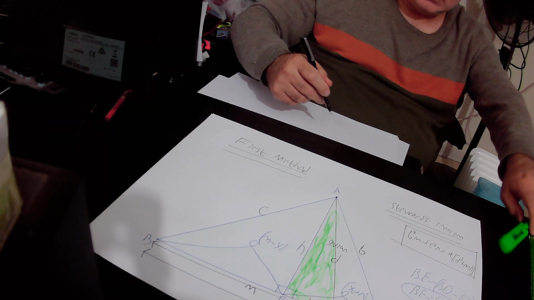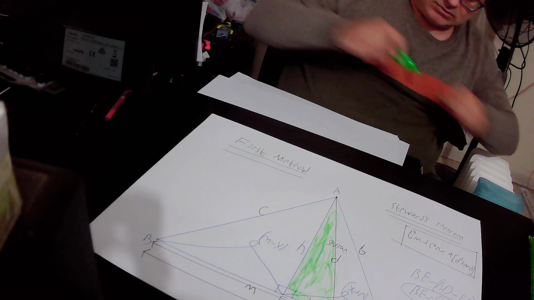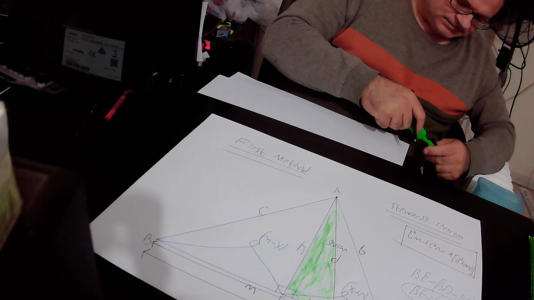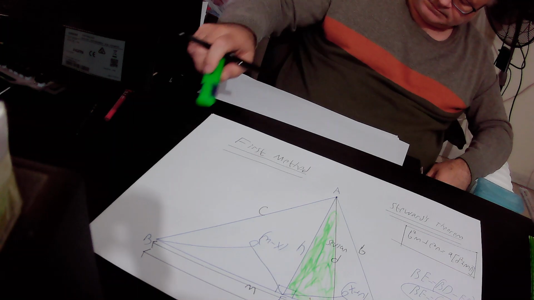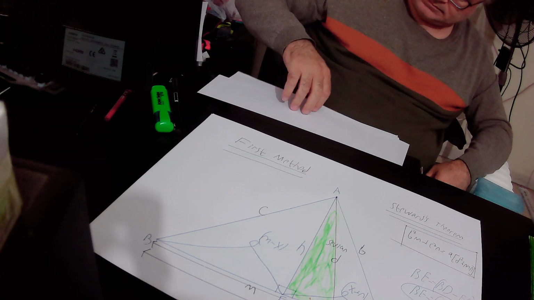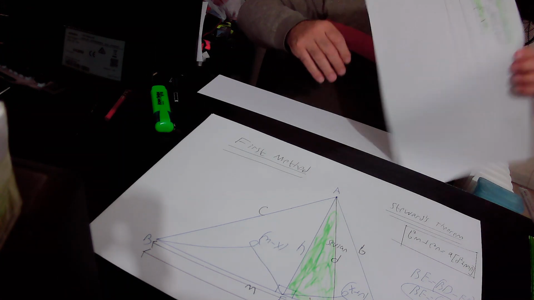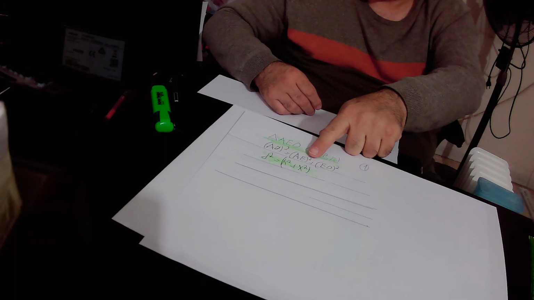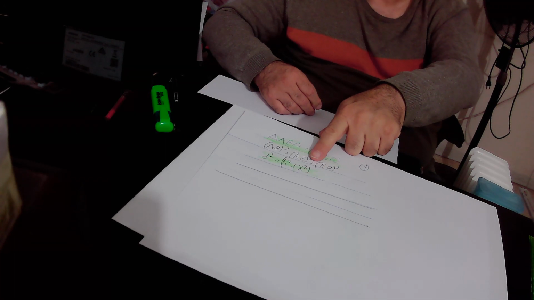In conclusion, we found out that according to the Pythagoras theorem, in the right triangle AED, D squared equals h squared plus x squared.